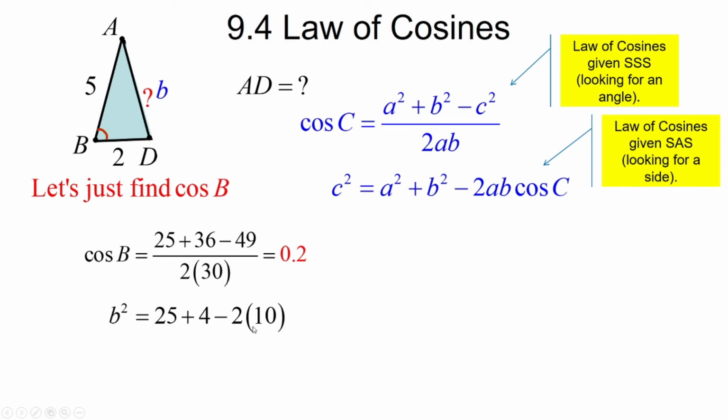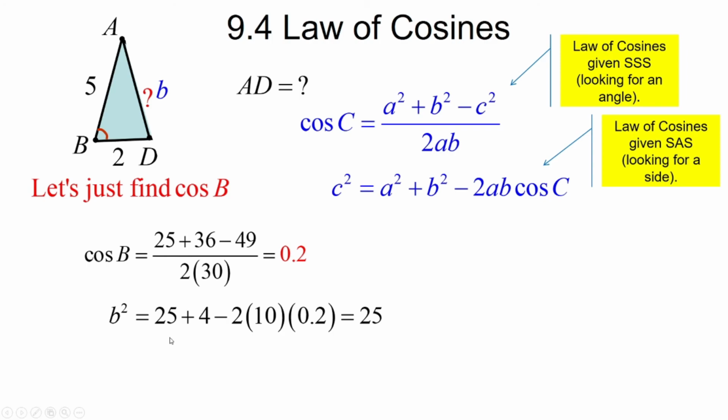All right, and then I need my cosine of B right here, and instead of going cosine of angle B, I already know cosine of B is 0.2. That's why all we needed to do up above was find cosine of B. Now, take the square root of both sides.